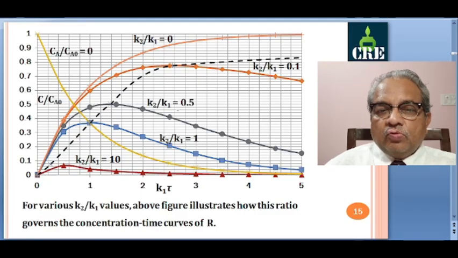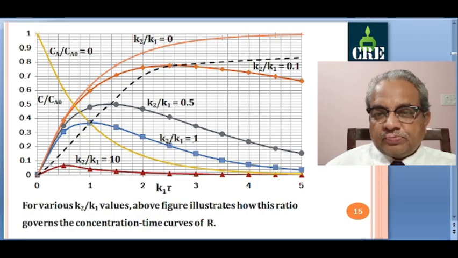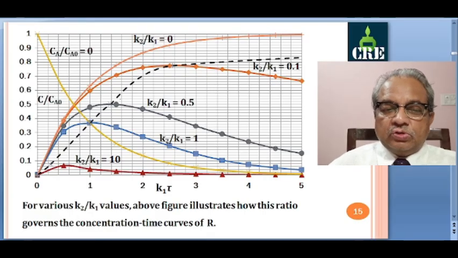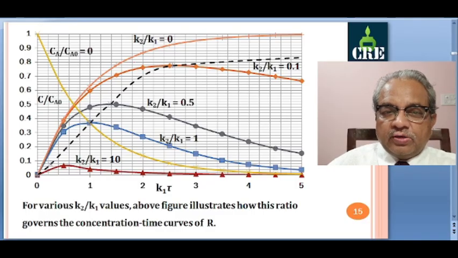For K2 by K1 equal to 1, both values are 1. For the next, K1 is 1, so K2 becomes 0.1, and so on. These are actual plots using the equation.